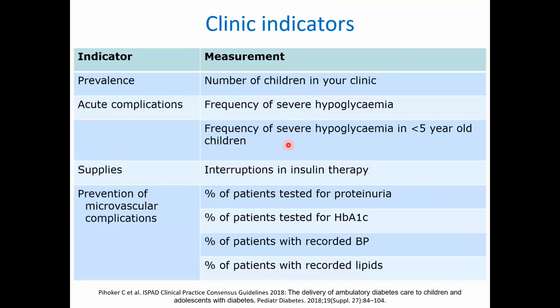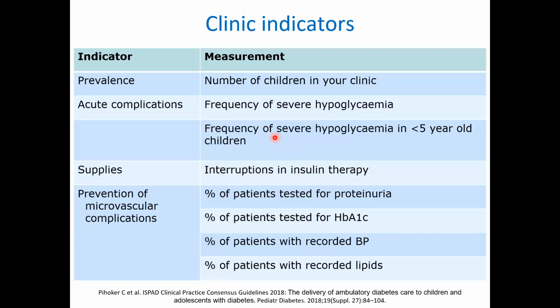The ISPAD guidelines actually recommend that for you to be considered a center of excellence, you need to be seeing at least 150 patients, or have at least 150 patients enrolled. So if you have such a large number, then already you qualify to be considered a center of excellence. And it means that you really need to work to improve the quality of care that you're giving.